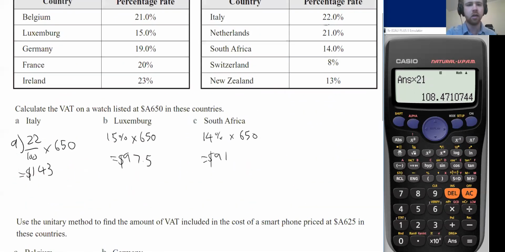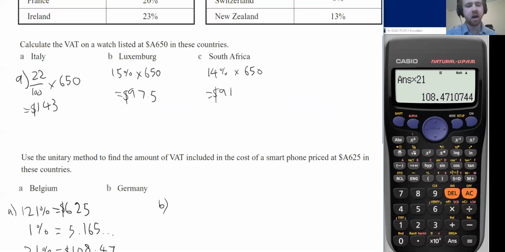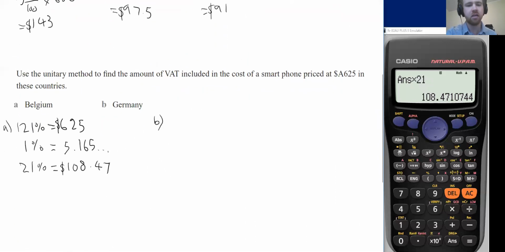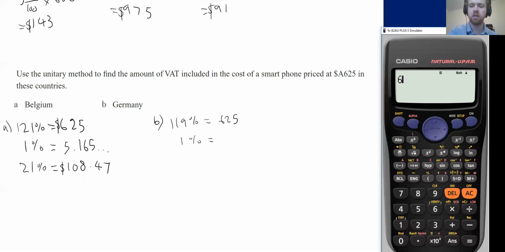Germany. So in Germany, they have a 19% VAT rate. So that means 119% equals 625. We want to find what 1% is. So we divide 625 by 119 and we get 5.252 dot, dot, dot.